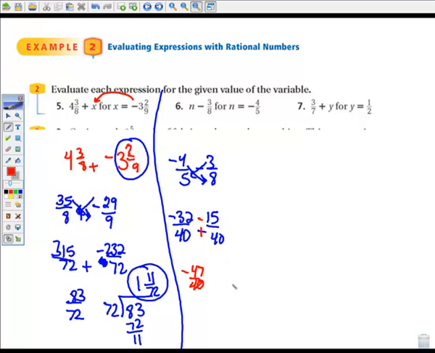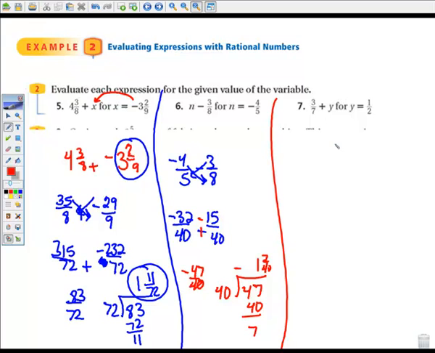I'm adding two negatives. So I'll take 40 into 47. I know it's negative and it goes in there one time. I have a remainder of 7. So it's negative 1 and 7/40. Let's try one more. 3/7 plus 1/2.